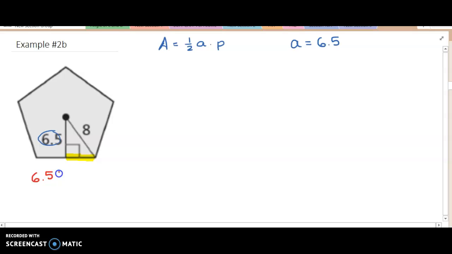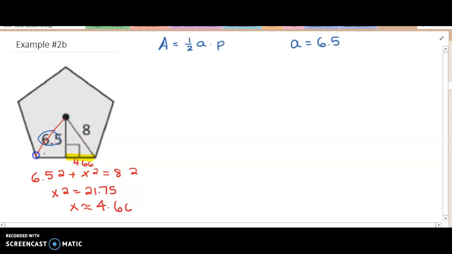So 6.5 squared plus, we'll call it x squared equals 8 squared. And if I put that into my calculator, I get x squared equals 21.75. And when I square root that, I get roughly 4.66.